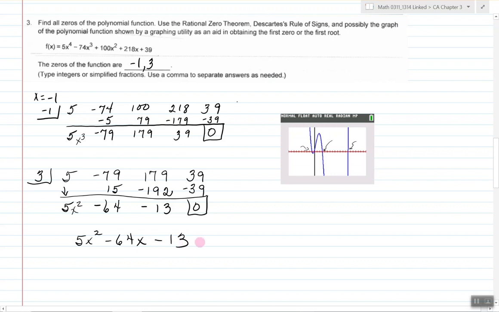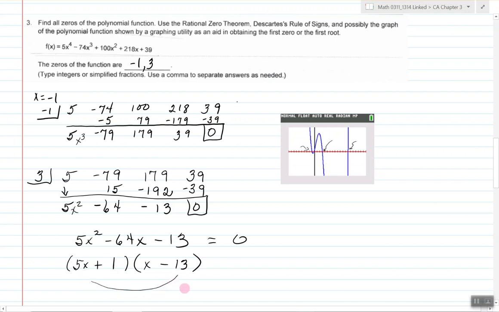I can either use the quadratic formula or I can try to factor it because I believe these are rational, or I can try depressing it. I think I'll see if this factors. I know I'm going to have 1 plus and 1 minus. I've got 5x and x. I'm going to put 13 in here and 1 in here.